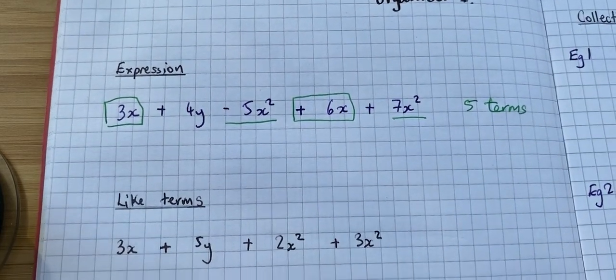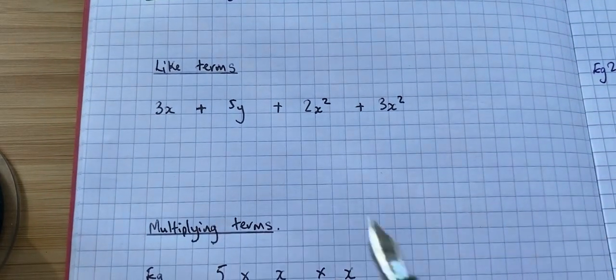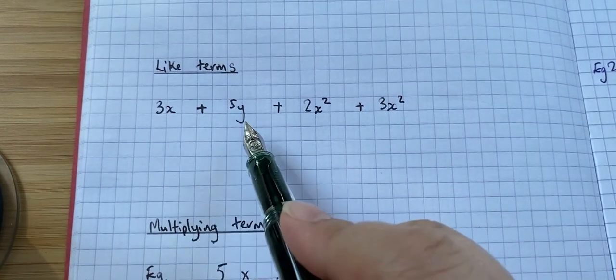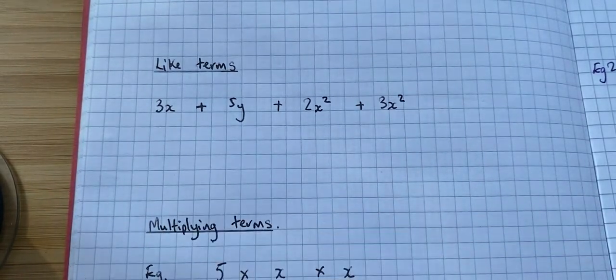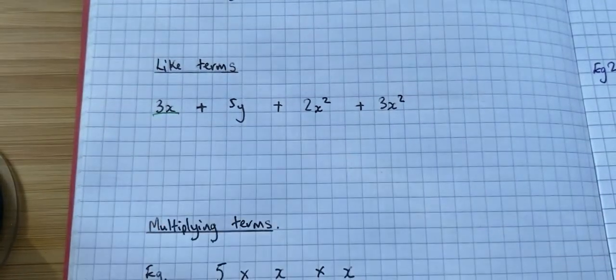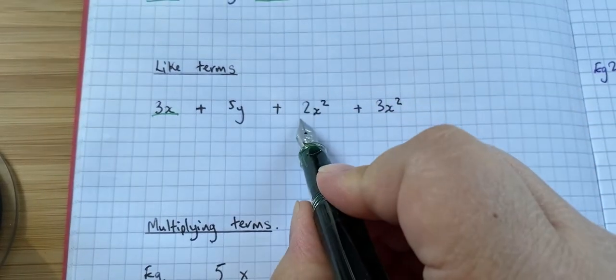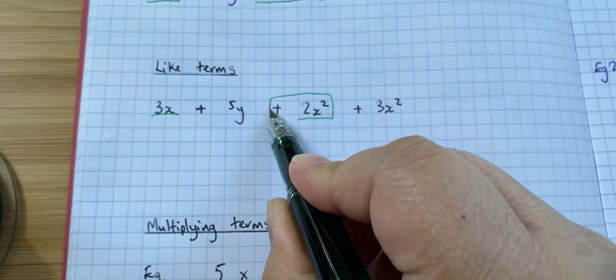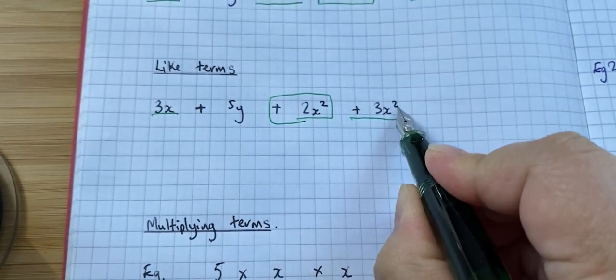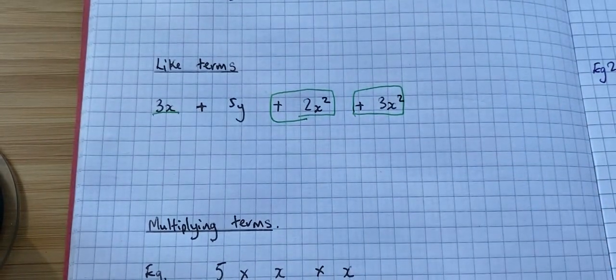So when we are collecting like terms, for example here we've got 4 separate terms. This 3x is different to these two x squareds. Now 2x squared and this 3x squared can be put together.